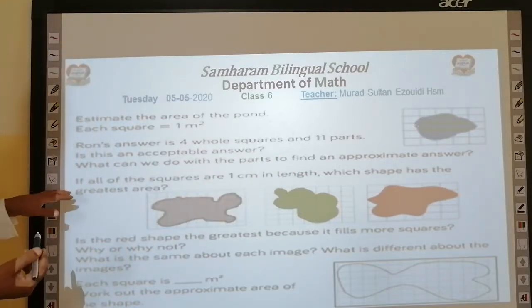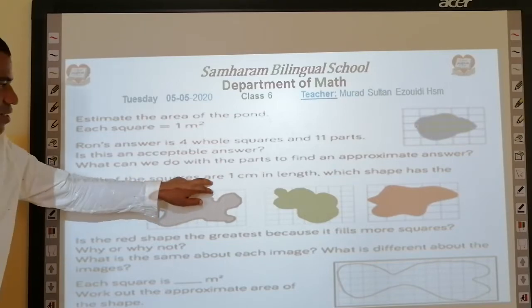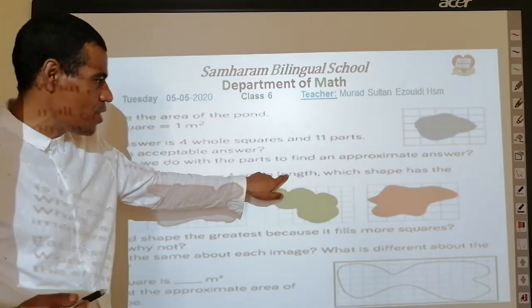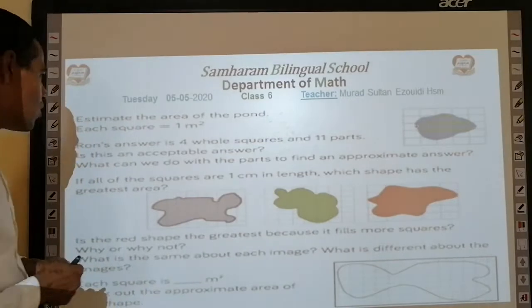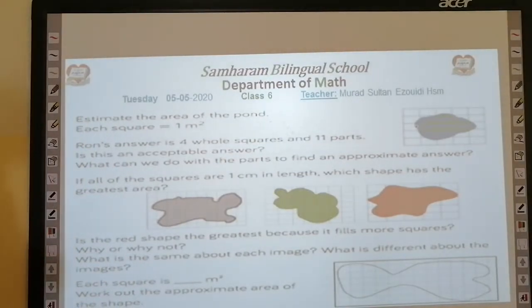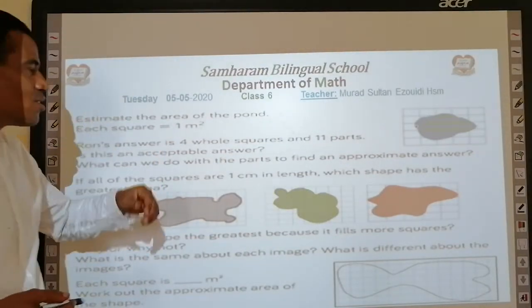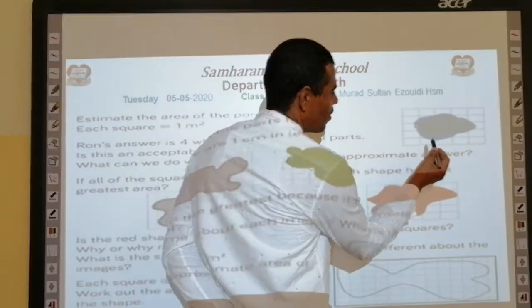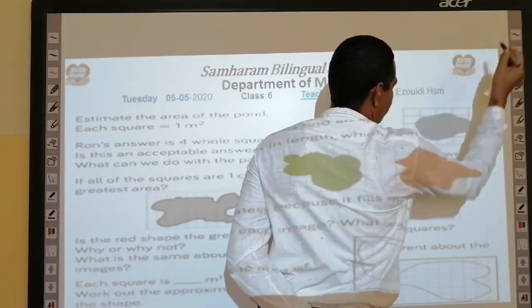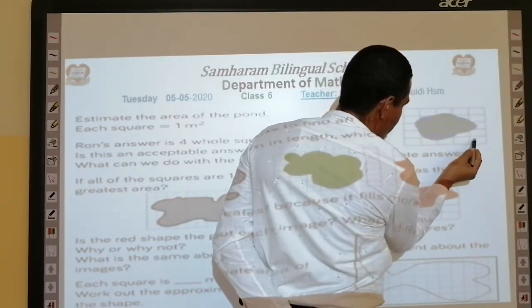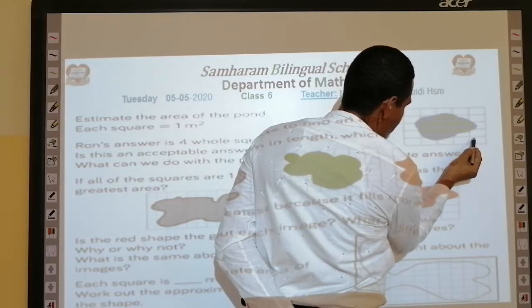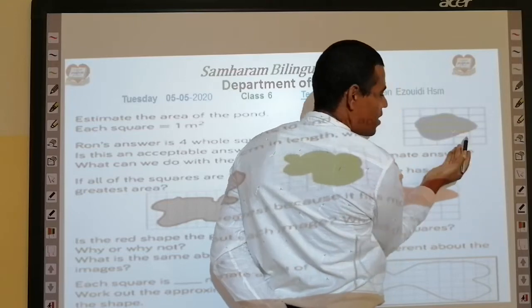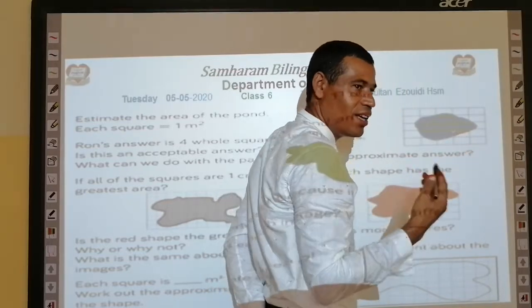If all of the squares are 1 centimeter in length, which shape has the greatest area? Let's do this one for example. This square, my learners, is less than half a square, so neglect it.